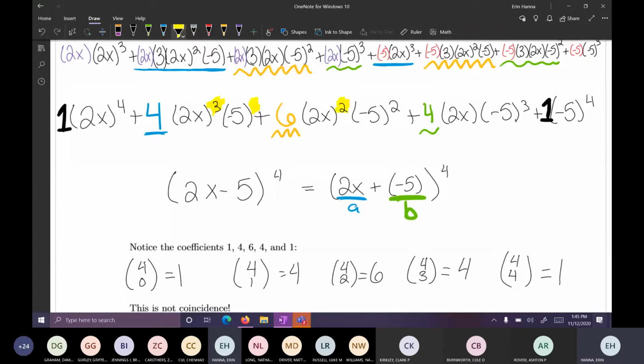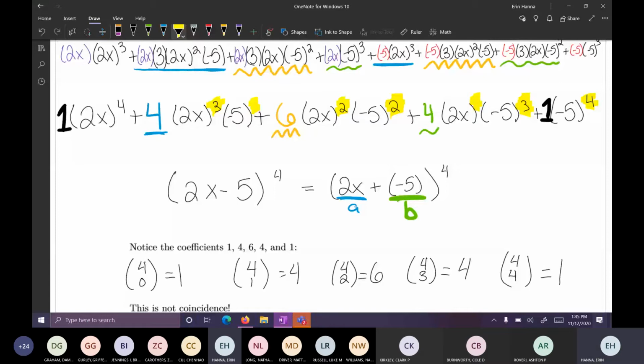A power of 2 and a power of 2, which adds to 4. A power of 1 and a power of 3, which adds to 4. And a power of 4 and technically a power of 0 that adds to 4. So that's what it was saying with the a to the j, b to the k, where j plus k equals n. Those powers are going to add to whatever exponent you were trying to expand this out to.